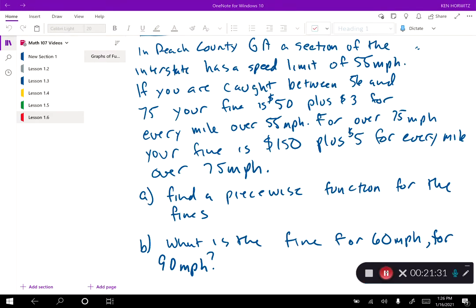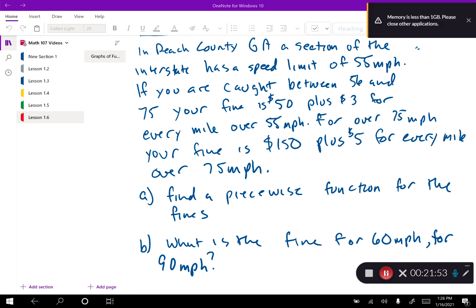The last thing is always a little bit of applications. This, in particular, is an application for piecewise functions. In Peach County, Georgia, a section of interstate has a speed limit of 55 miles per hour. If you are caught going between 56 and 75 miles per hour, your fine is $50 plus $3 for every mile over 55 miles per hour.